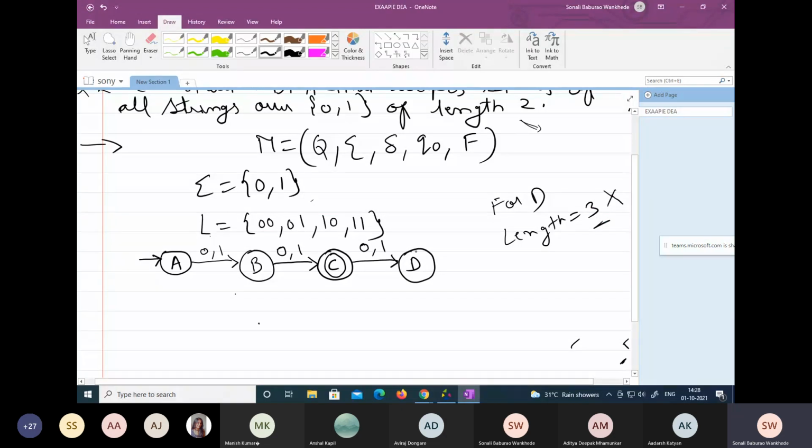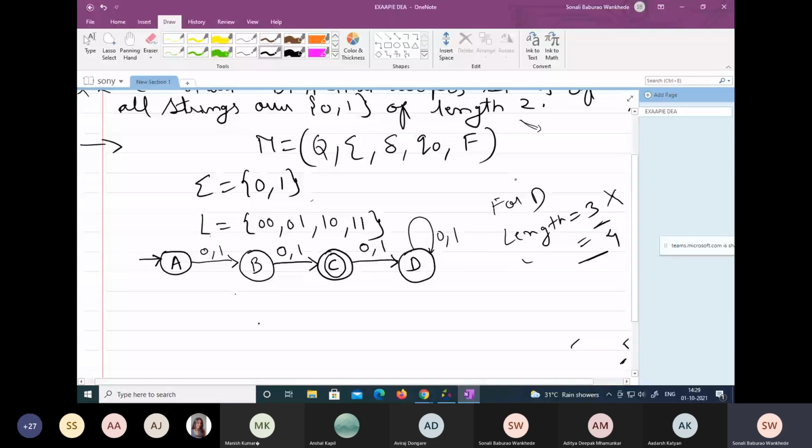Then from D also I want to check twice, guys. We have to be sure. So length is 3, so it's not accepted. If I give one more 0 or 1 to D itself, then again the length becomes 4. It is not accepted. So D becomes our dead state.